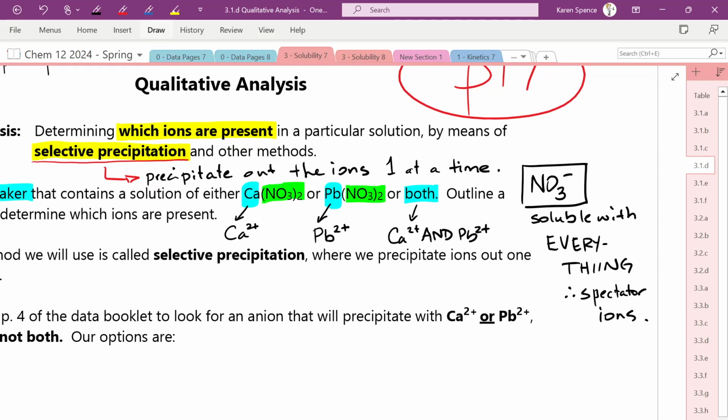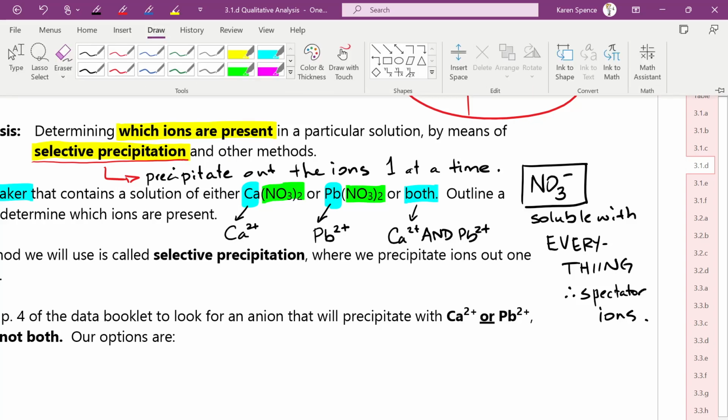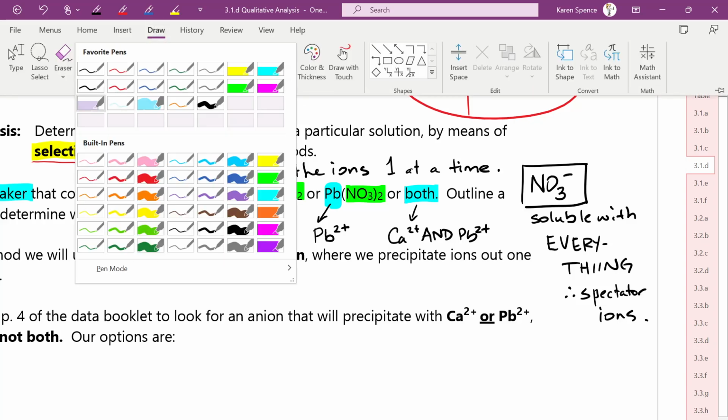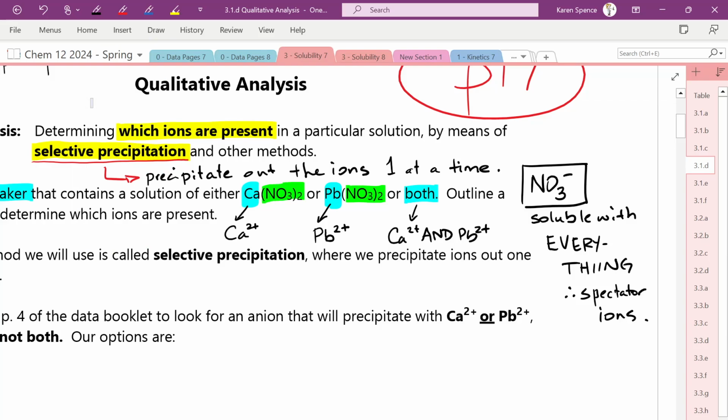Now, the key thing here is that we want to precipitate either calcium or lead, because we want to precipitate them out one at a time. If I add something that precipitates both of them, will I know whether I had calcium or lead?